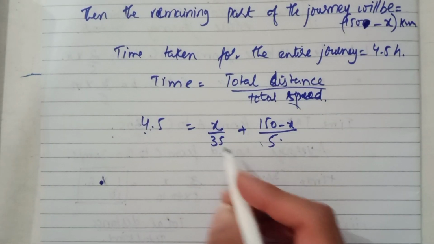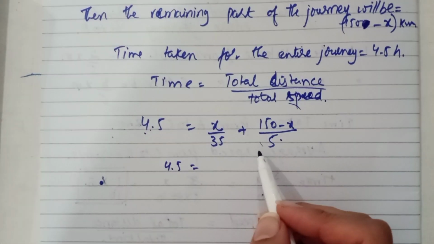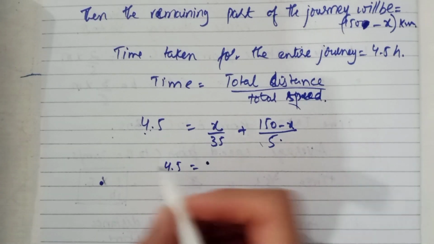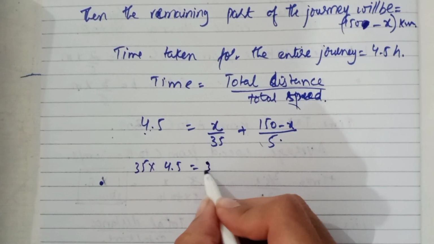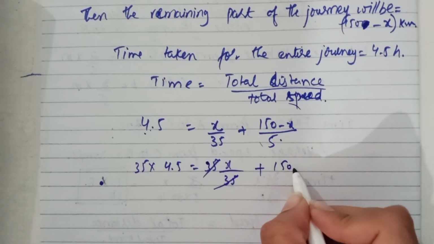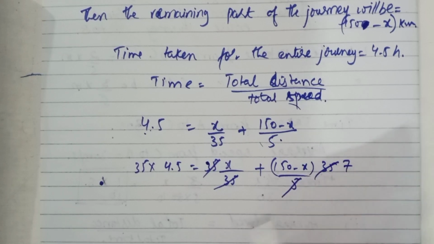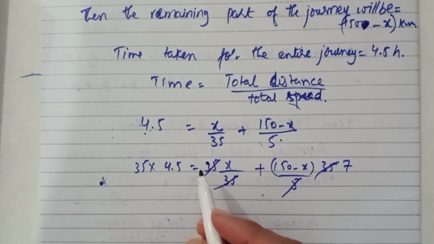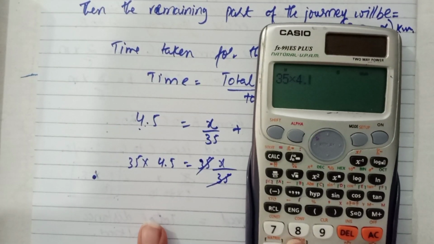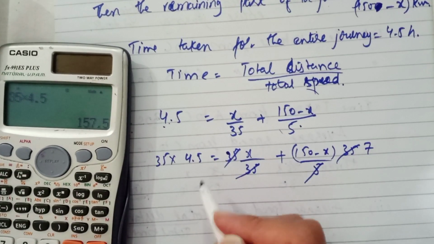Now we will have to calculate it. 4.5. Now we remove the denominator by multiplying both sides by 35. 35x plus 7 times 150 minus x equals 35 times 4.5. Now students, 35 multiplied by 4.5, we get 157.5.